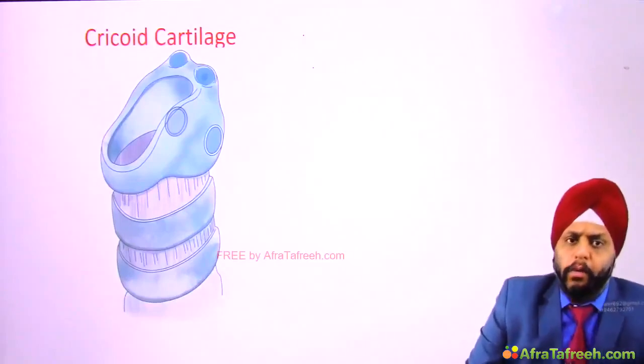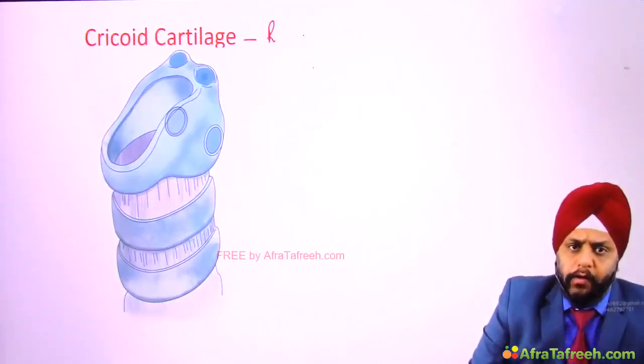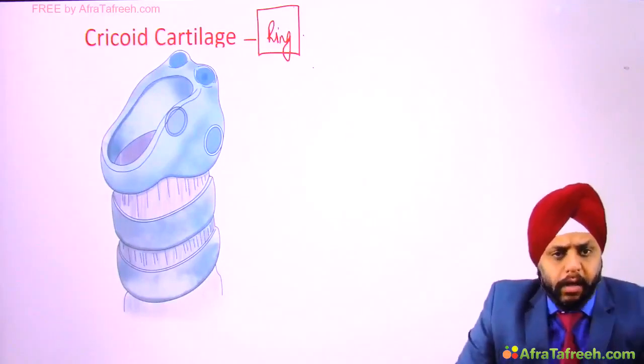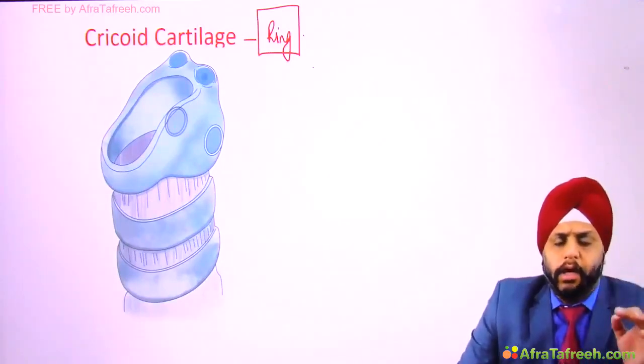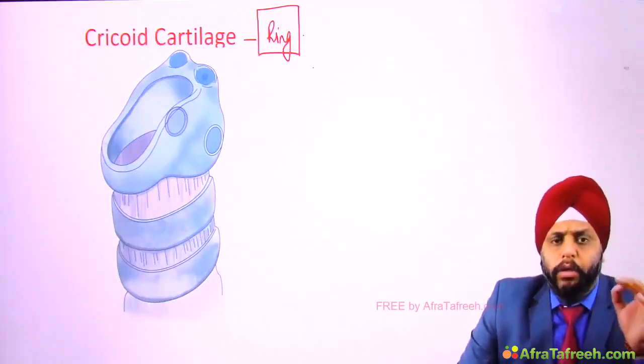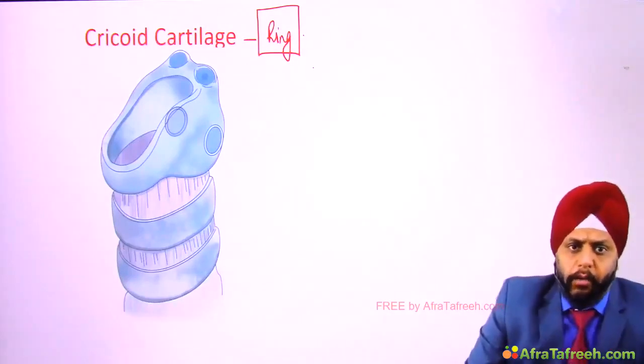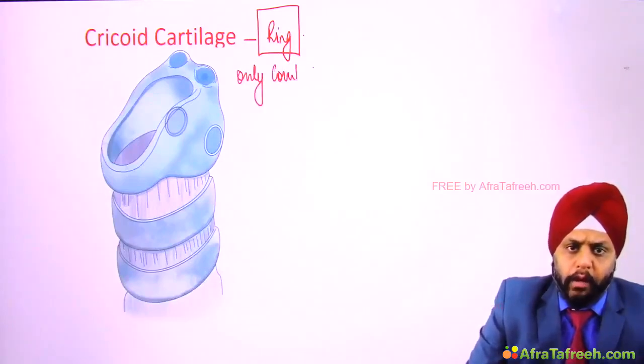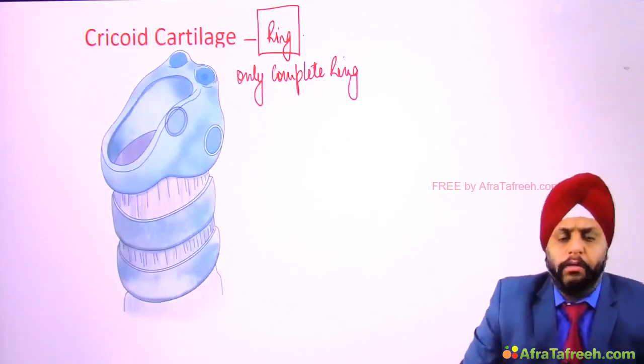You see this cricoid cartilage is a ring-shaped cartilage. Okay, it's a ring. Now see, this is the only complete ring in the whole human airway. Okay, so this is important because this is the only complete ring in the whole human airway.